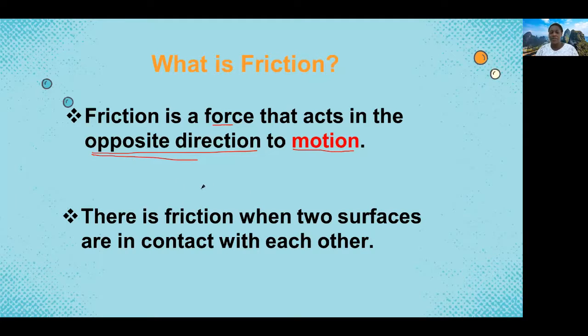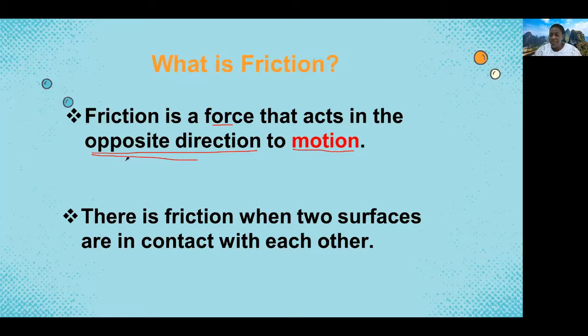This one you will understand better when we discuss more with pictures. But understand here that friction is a force that acts in the opposite direction to motion. That is the meaning of the word friction.